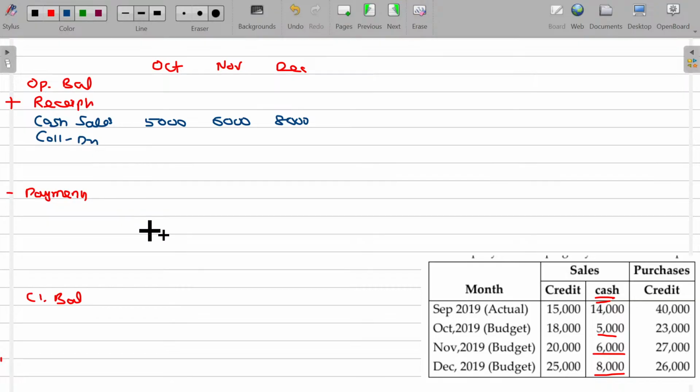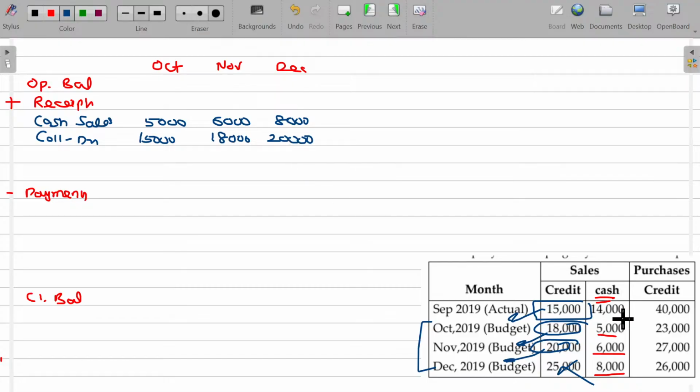September month sales collected in October, October month sales collected in November, and November month sales collected in December. We have to prepare for these 3 months, and you don't get December's sales collected by December. September month sales 15,000 collected in October, and November 18 and December 20.